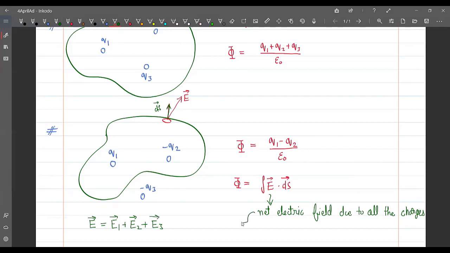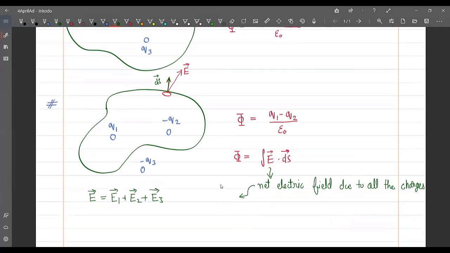That is what this law says. But see, suppose I draw the electric field due to Q1, it will be like this. It will be directly radially outwards.